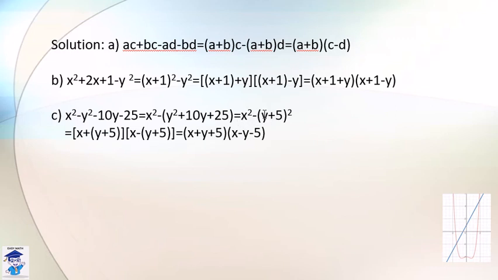So let's use the formula of the difference of squares. We make x plus y plus 5 times x minus the whole one, y plus 5. So the final answer is x plus y plus 5 times x minus y minus 5.